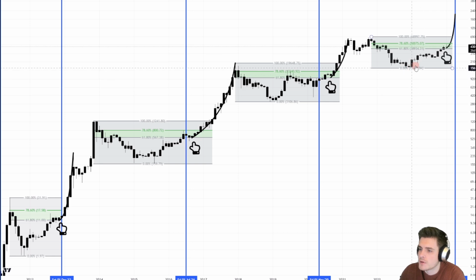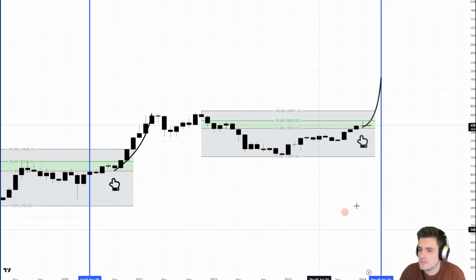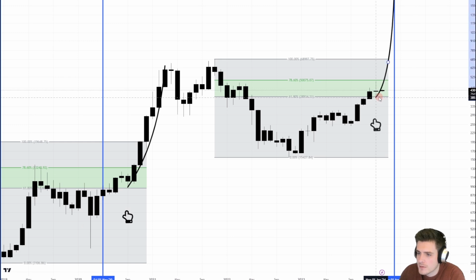Currently, price has already wicked way before the halving into this zone, and if we zoom in here, it has tested this 61 level exactly here, and is currently bouncing off these lows and ready to already push this parabola.